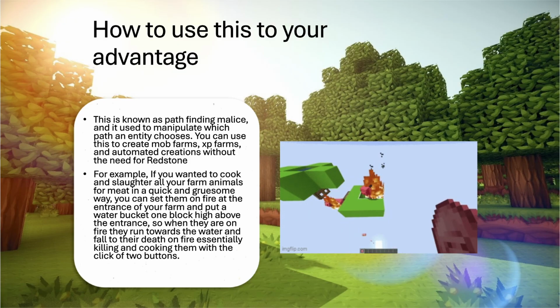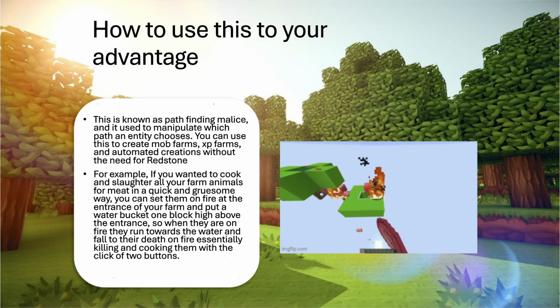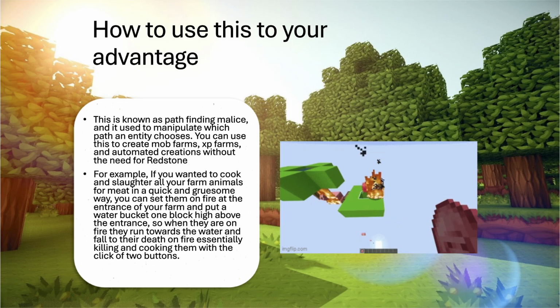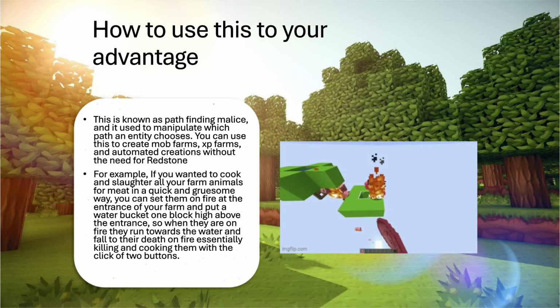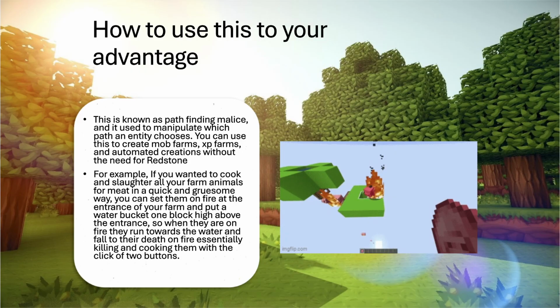So on the right is a GIF of how you can use this to your advantage with pigs. Since the pig is set on fire immediately, it takes away any wandering or any other goal, and its immediate goal is to find water. But since the water is above where the pig can reach, it falls off.